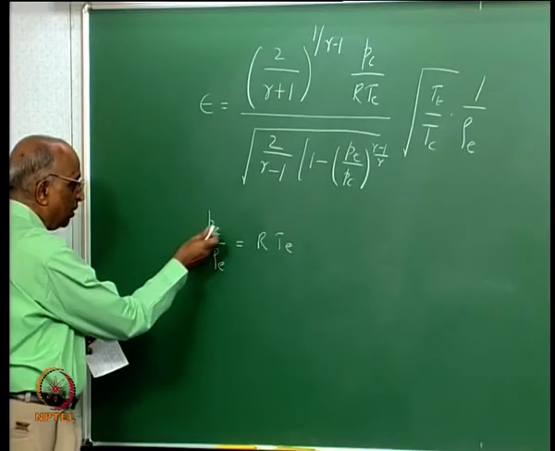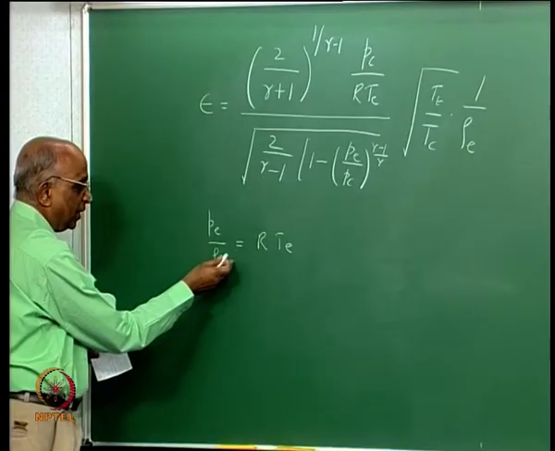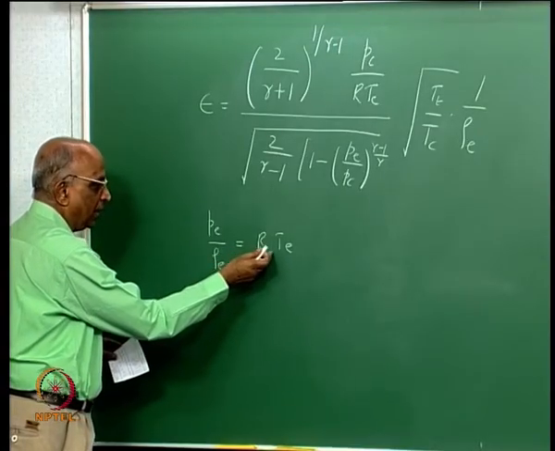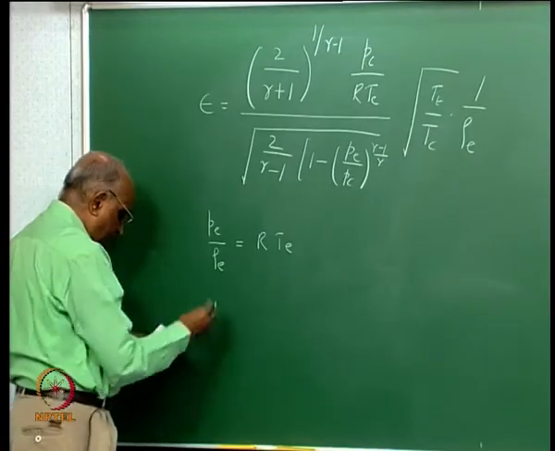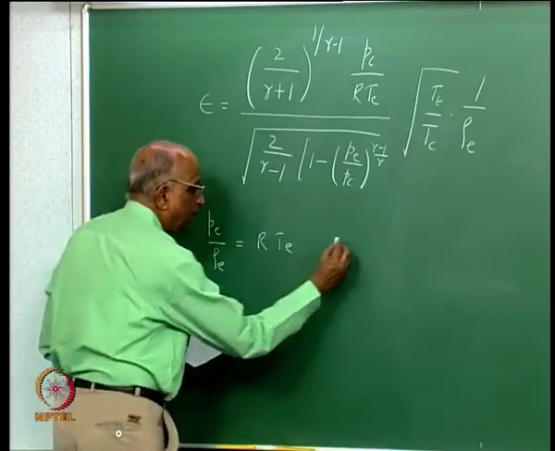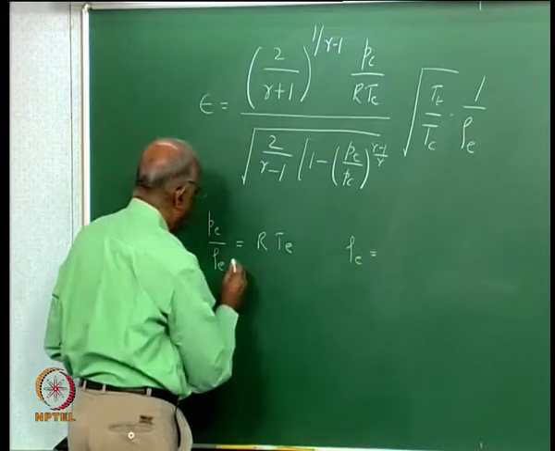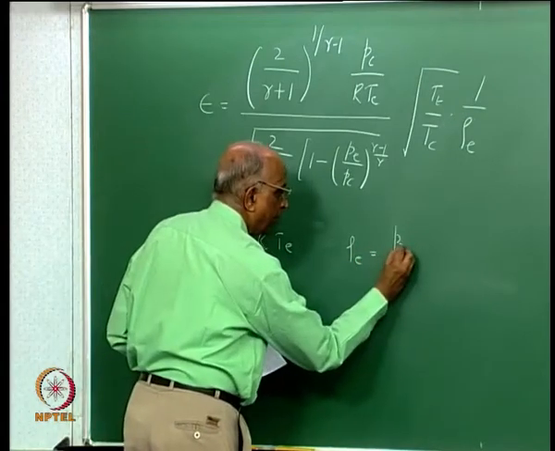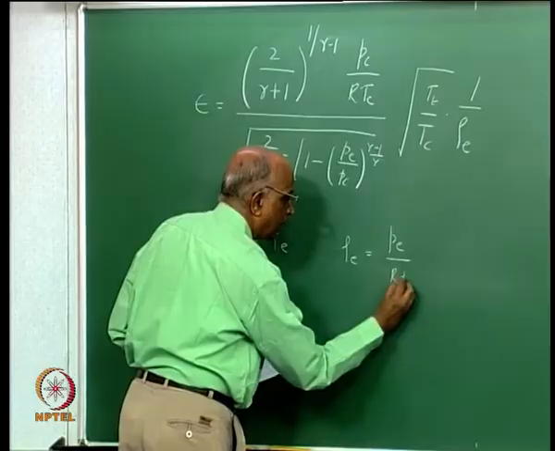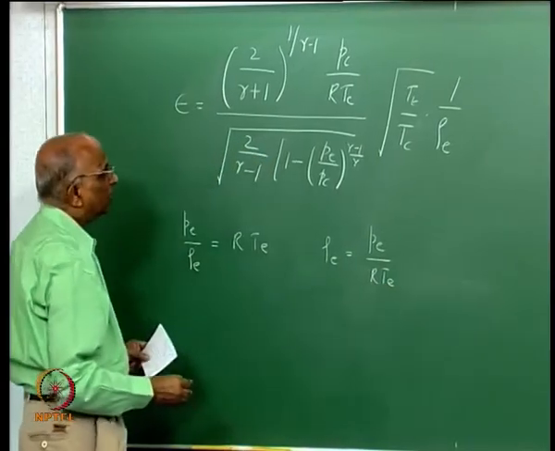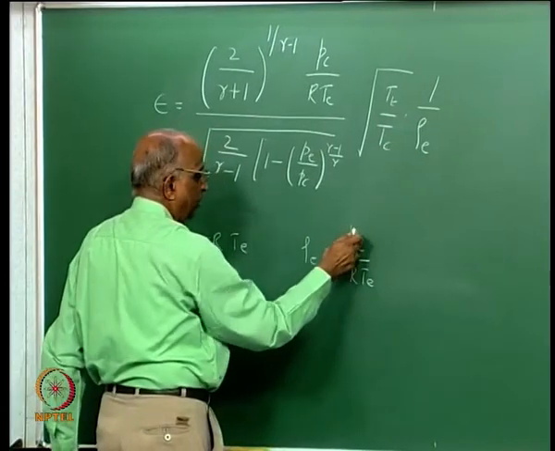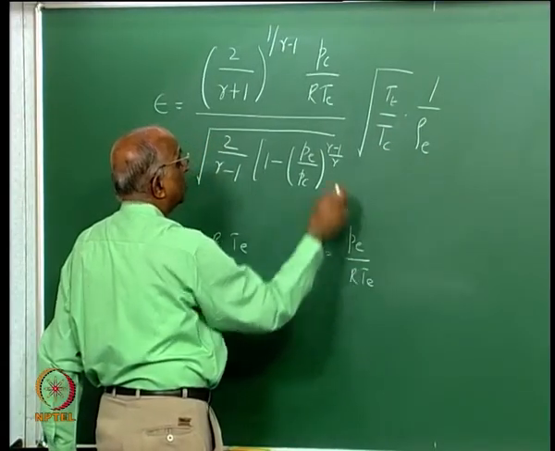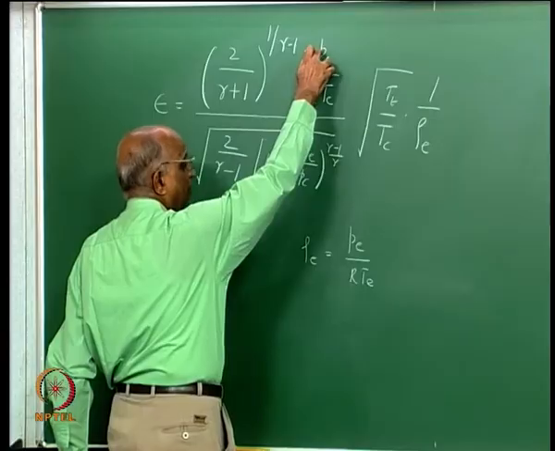That is, pressure divided by density is equal to the specific gas constant into the temperature at the exit. I simplify this expression to give me rho e as equal to Pe divided by R Te. Therefore, now I can substitute the value of rho e as Pe divided by R Te, so that now I get an expression for Pc by Pe.